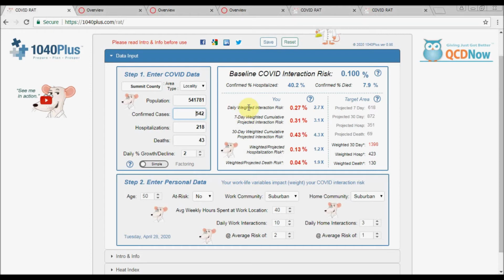Now, I know one thing you're wondering is, but sir, these are the confirmed cases. The news, the media has been telling me that the number could be 10 times that. There may be 10 times that many people out there that are infected that we don't know of yet.